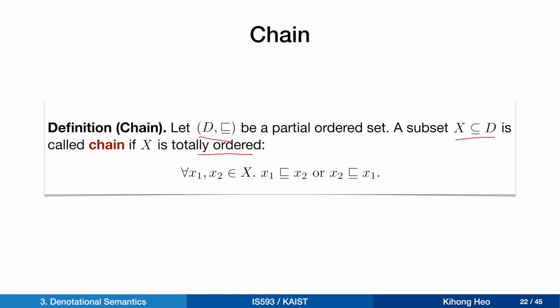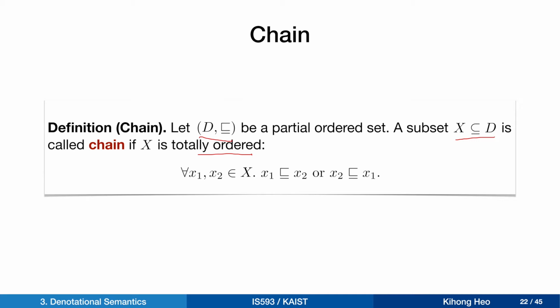In a partial ordered set, there might not exist an order relation between two elements, but in a totally ordered set, there always exists an order for any two elements. So we can make a chain that visits all elements following the order. That's why we call this property a chain.